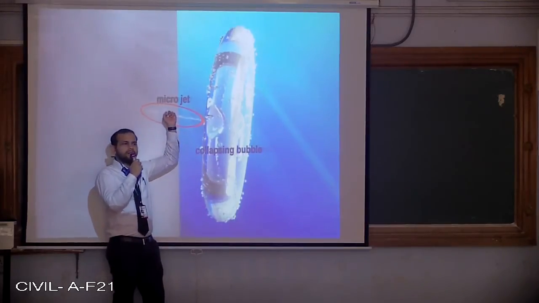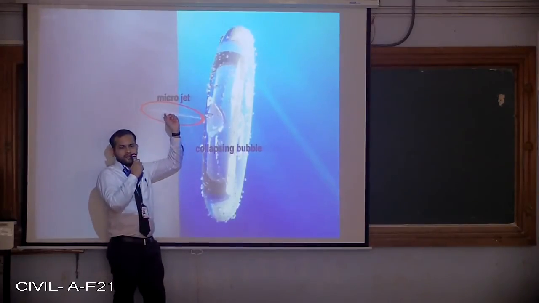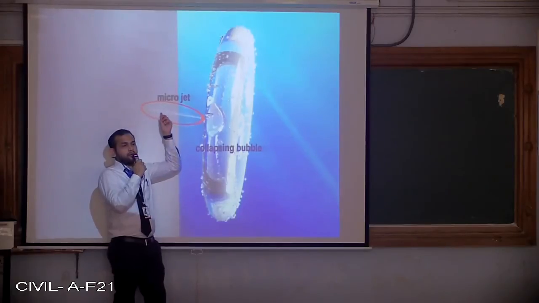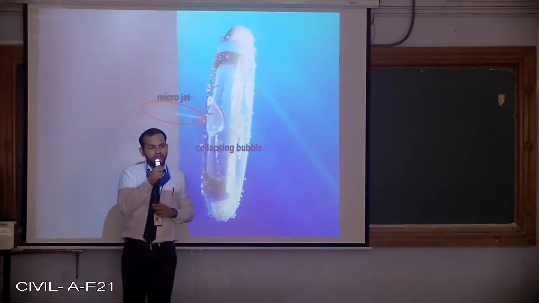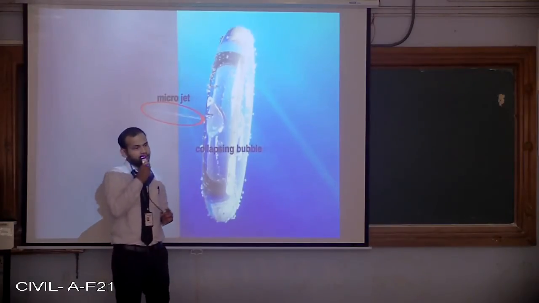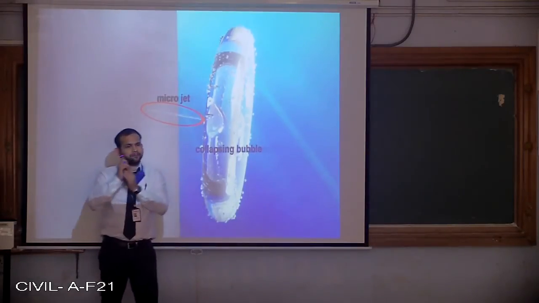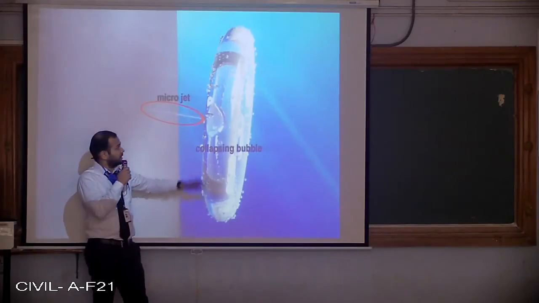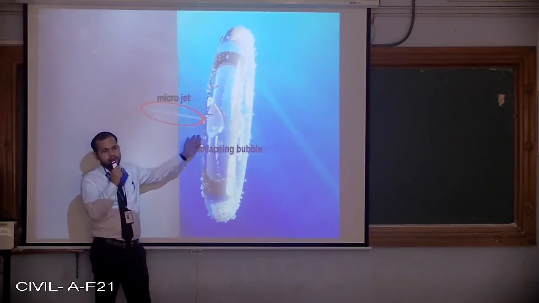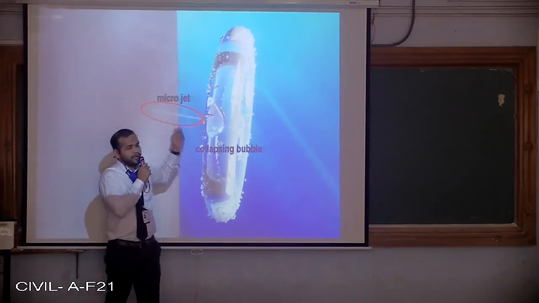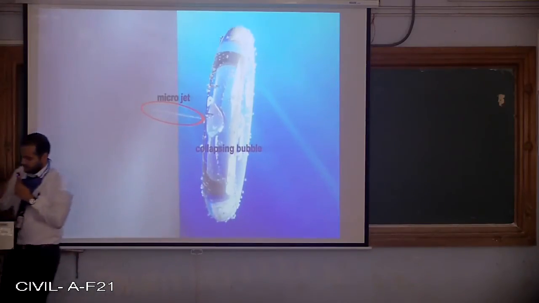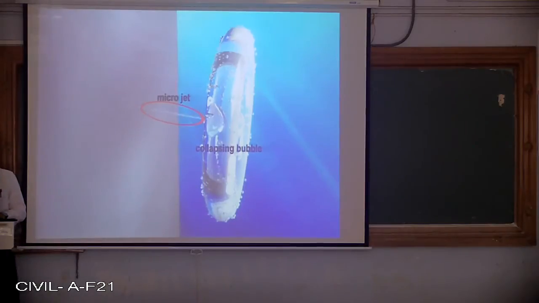This will attack the surface, and this has a very high power. It can also create some dents on a very thick metal, so you can imagine what action it has. And if there are multiple, billions of bubbles, you can imagine what will happen to your plate. So this is very critical now, in a very small spot.